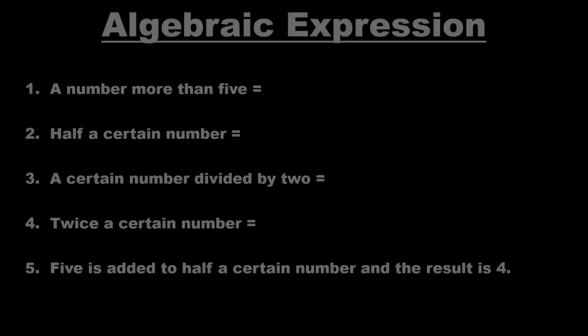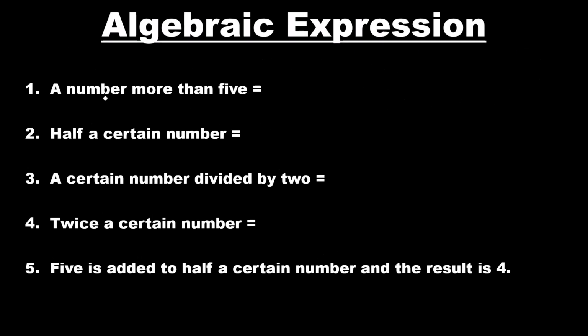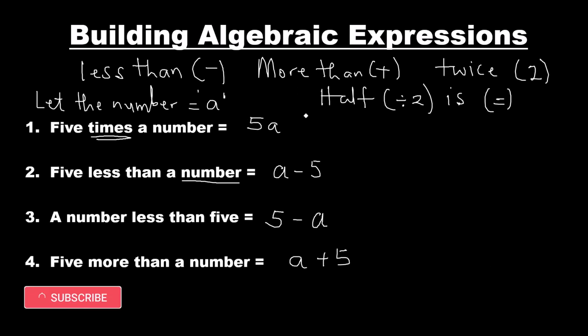The next example is a number more than 5, which is 5 plus that number. Then half a certain number. If you remember correctly from our previous slides, half means you divide by 2.